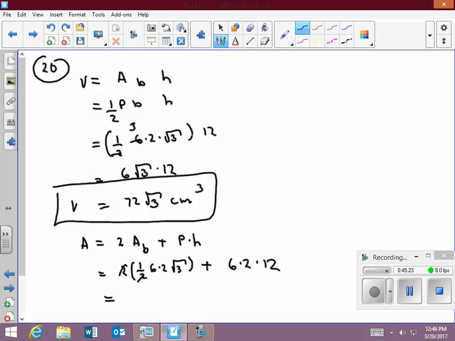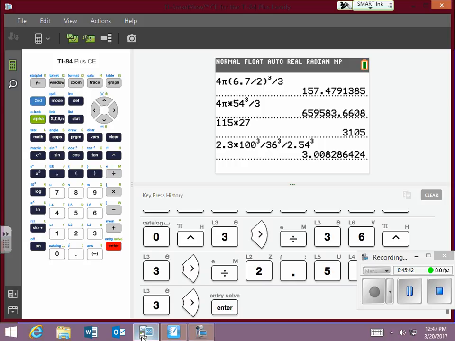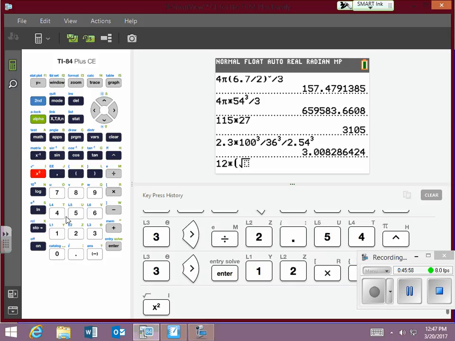There's actually 12. 12 comes out of there. Plus 12. So it's 12 square root of 3 plus 12, right?